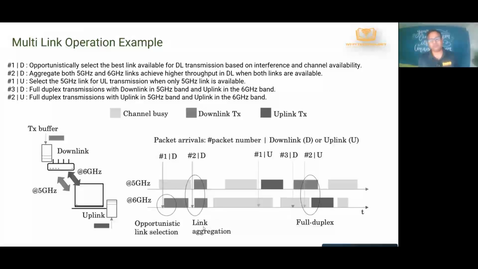On 5 gigahertz, the AP can transmit data to the station, and on 6 gigahertz, it can receive data simultaneously. So now you get full duplex communication with MLO across multiple radios, right? These are some of the different variations of MLO that you have.